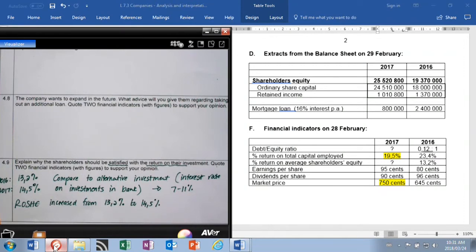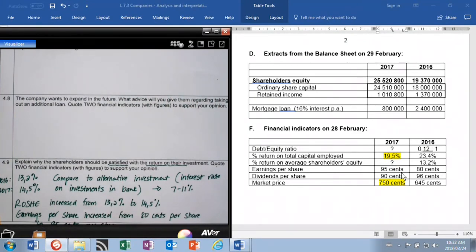You can also say that the earnings per share increased from 80 cents per share to 95 cents per share.